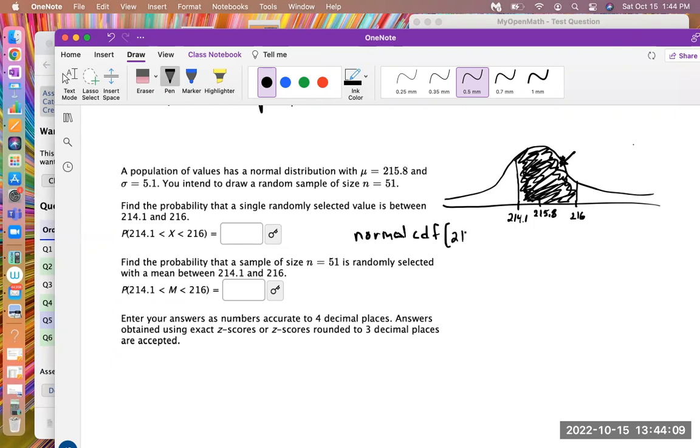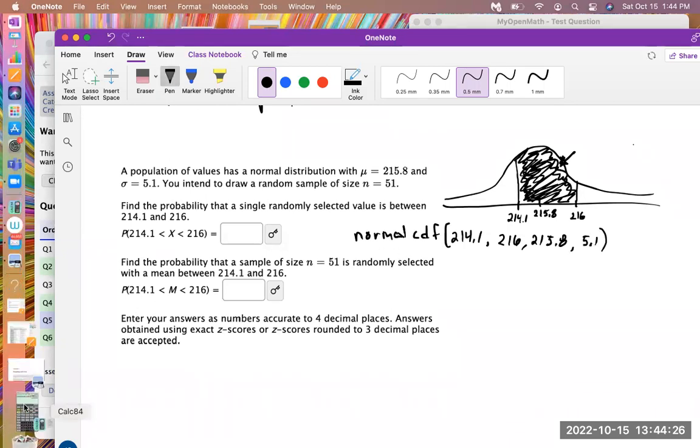So 214.1, comma, the upper bound is 216. And then my mean is the 215.8. And 5.1 is the standard deviation. And that's what I input in my calculator.